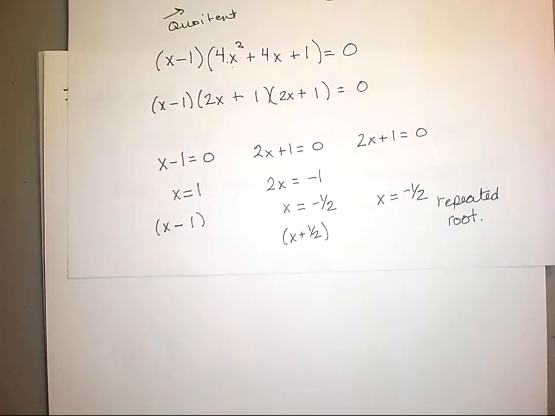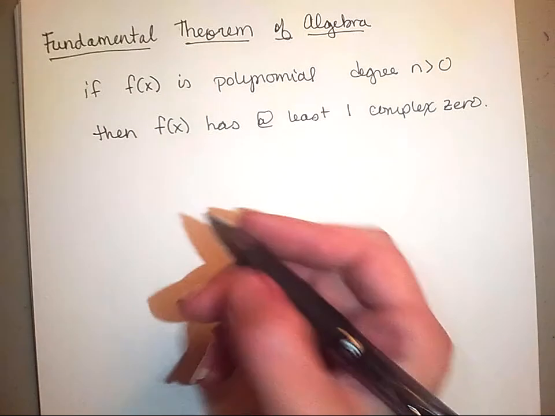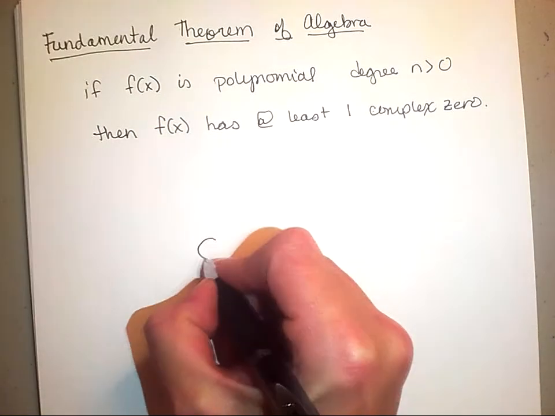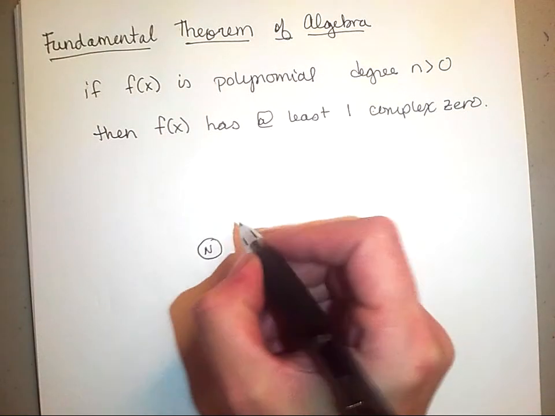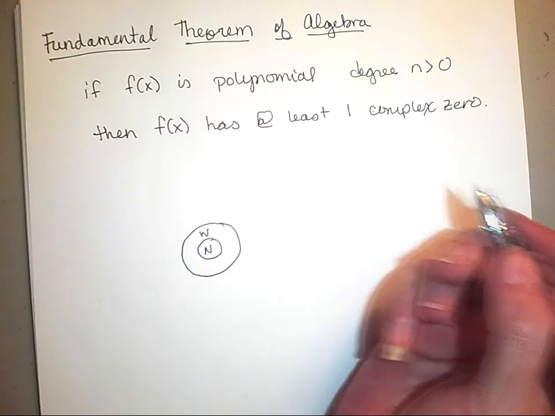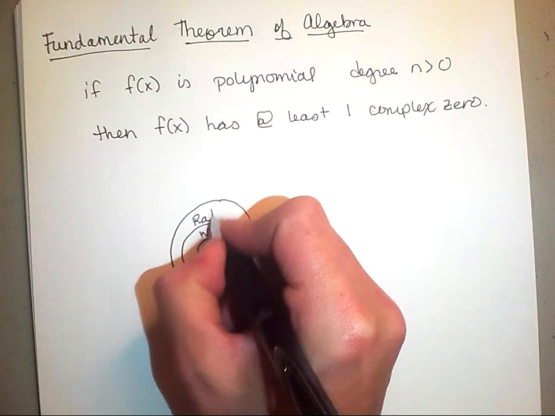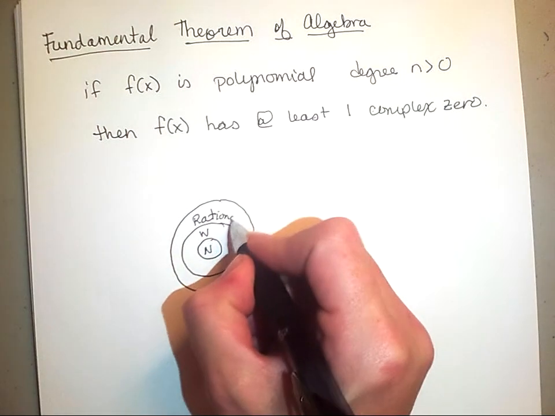Okay, so let's just go back and remember what's happening in the number systems. First we have the natural numbers. Then we added 0, so the wholes were there. Then we added the fractions, so these are the rationals. This is the group that the rational zeros theorem is talking about, these 3.